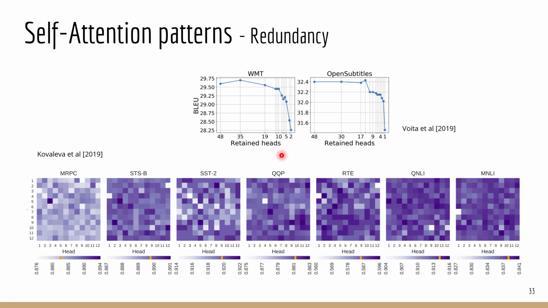As you can see here, even if you drop about half of these attention heads, you still preserve the original level of performance by the model. It clearly shows that many of these attention heads are redundant, such that disabling them does not harm the overall performance of the model in OpenSubtitles, and it slightly reduces the performance in WMT.